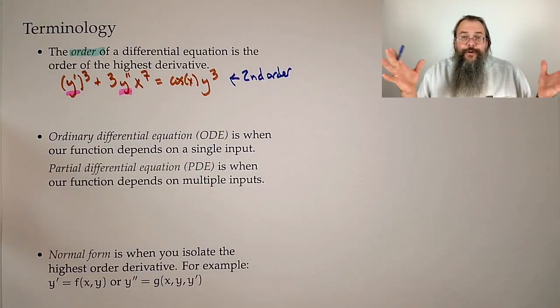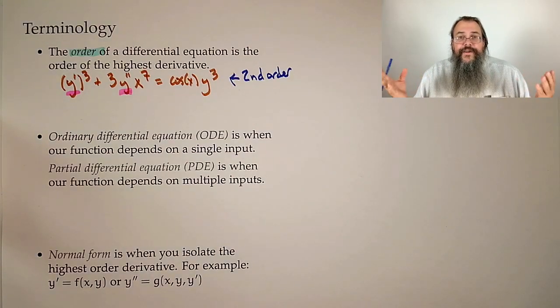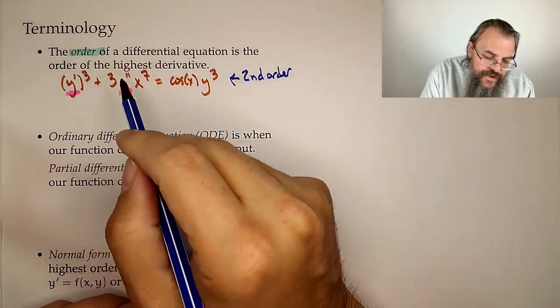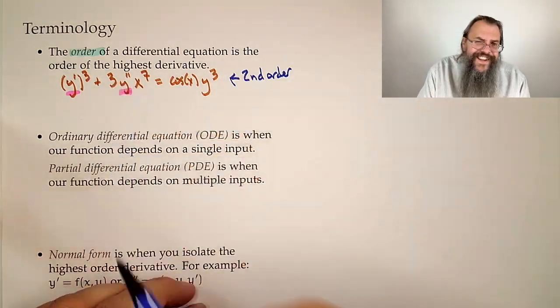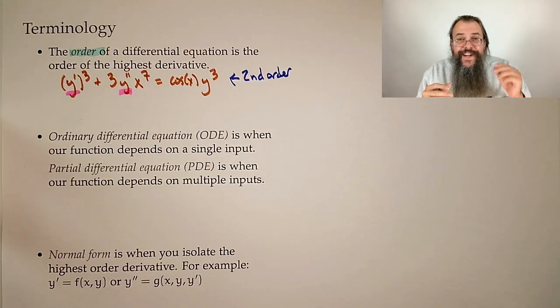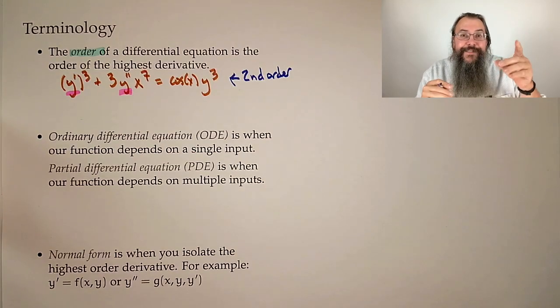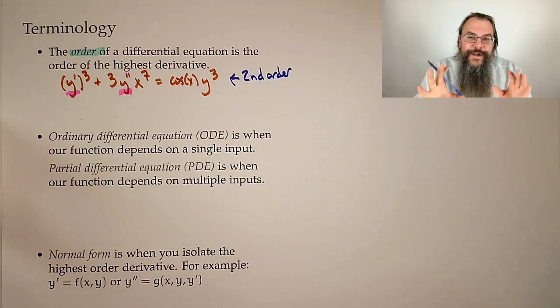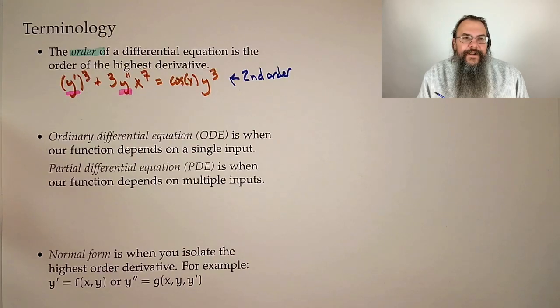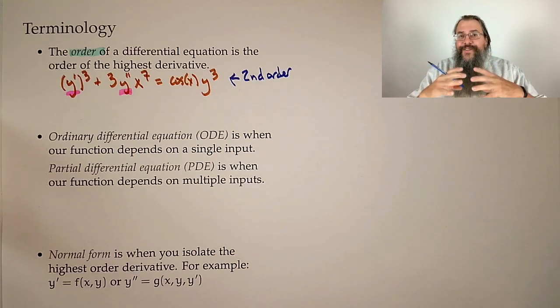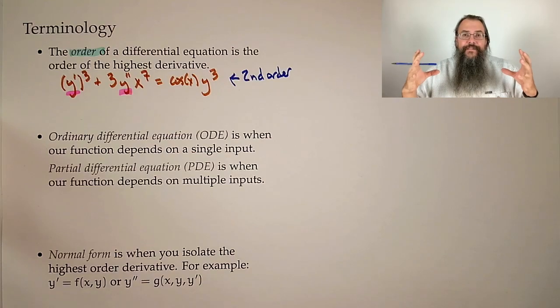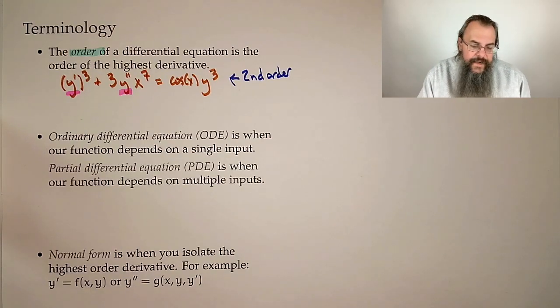Now, on a side note, while we're here, you might notice that there can be some confusion. This y double prime kind of vaguely looks like y to the 11th, right? If you weren't careful, you'd say, oh, wait a second, is that y to the 11th? No, let's be careful. And so the notation that you'll see, if you start getting a really high derivative, is a different way to write it.